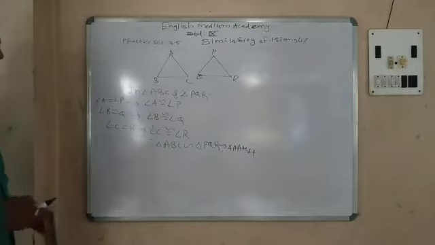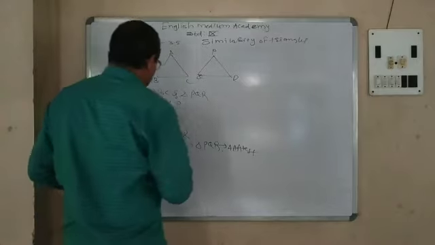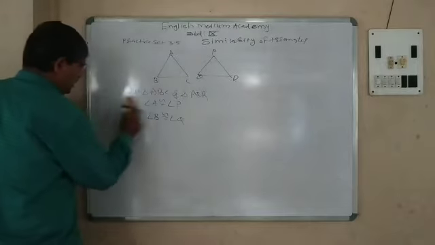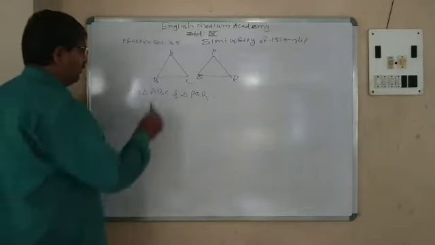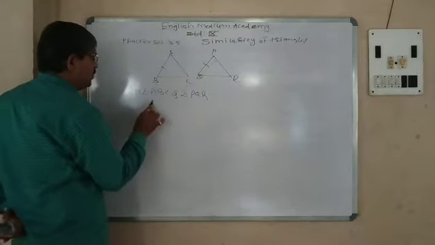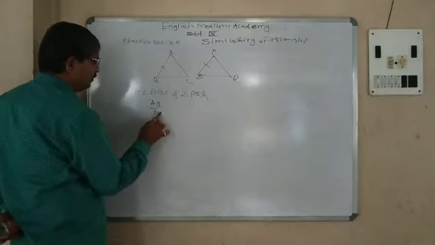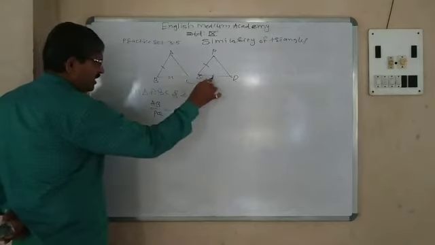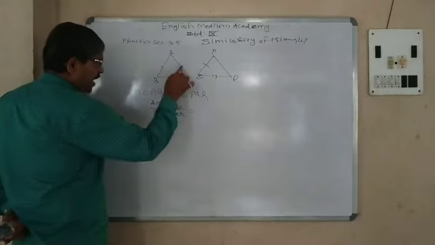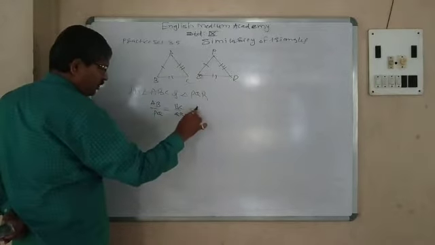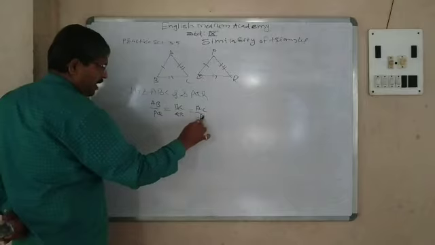Similarly, there is another condition. Suppose in this case, instead of these angles, we write AB is equal to PQ, then BC is equal to QR, and AC is equal to PR.